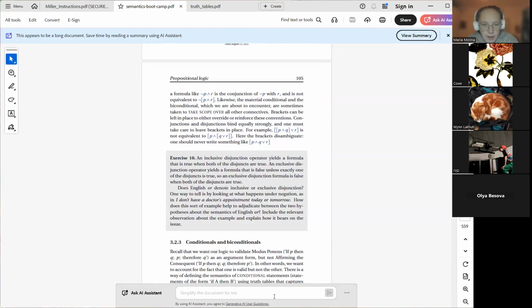So, can we do that, or do we leave it for homework? Exercise 10. I think we need to think about it a bit. What do you say?